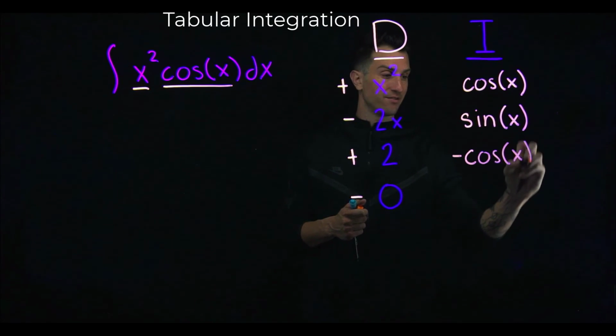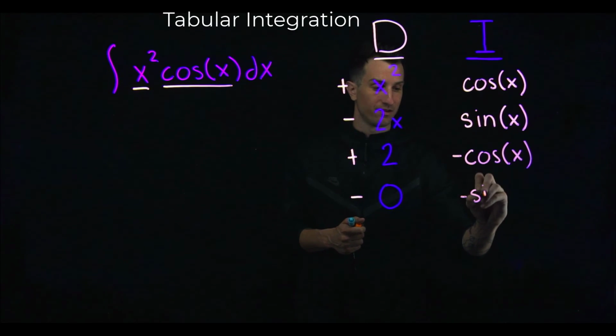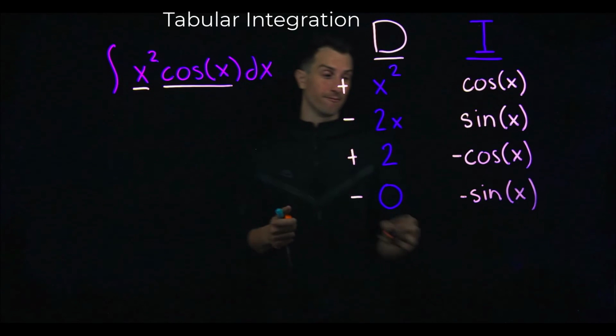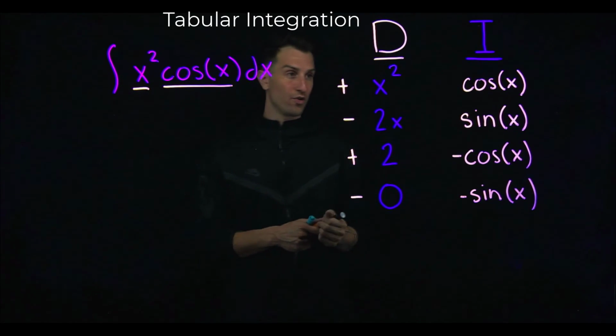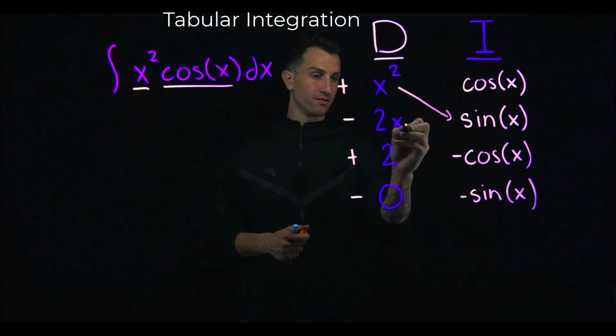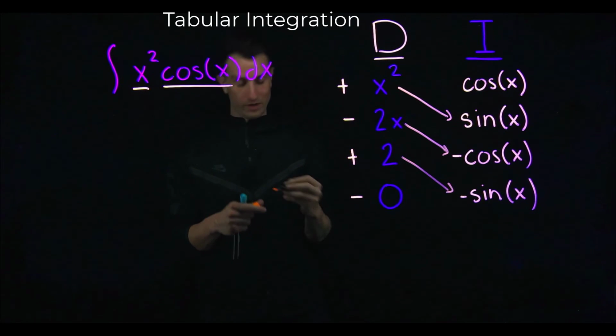Where does a negative cosine come from? You guessed it, it comes from a negative sine. And we are done. All right, so once we are at this point, all we're going to do is make some diagonals. And we have solved our problem.